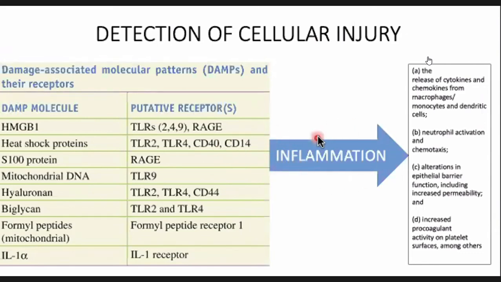So an inflammation is then started, which will lead to the release of your cytokines and chemokines from the macrophages or monocytes and dendritic cells, neutrophilic activation and chemotaxis, then alterations in epithelial barrier function, leading to increased capillary permeability, increased procoagulant activity on platelet surfaces, among others.